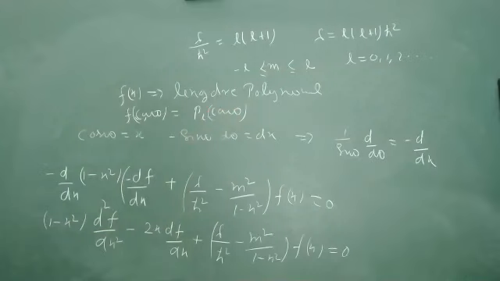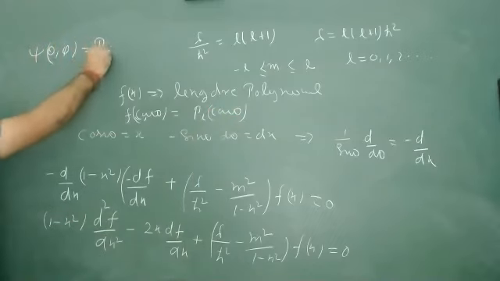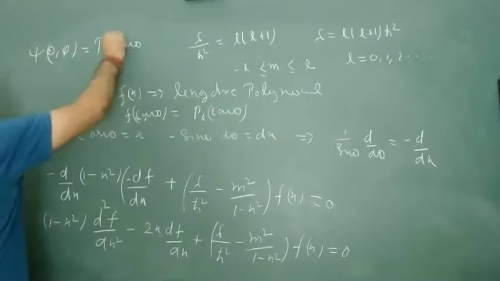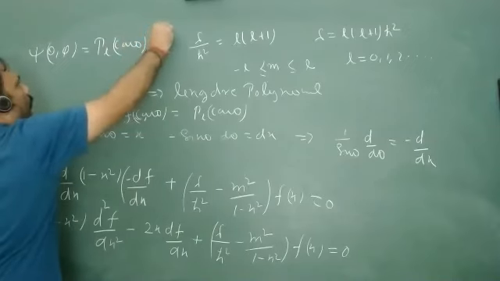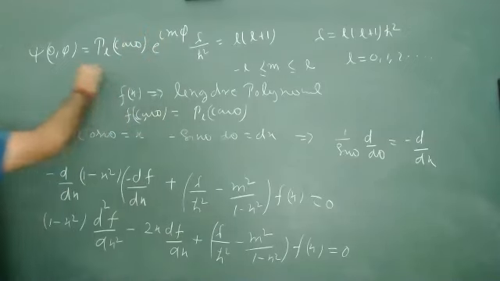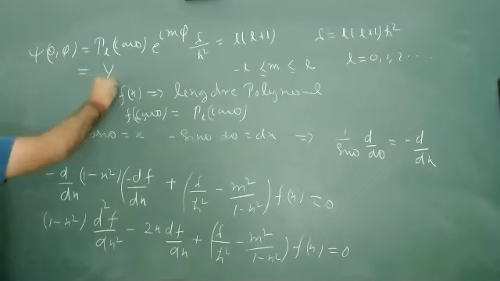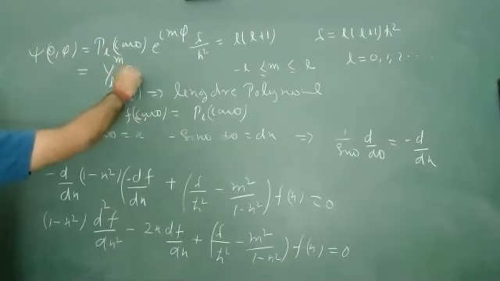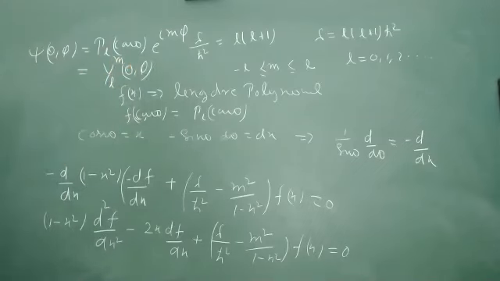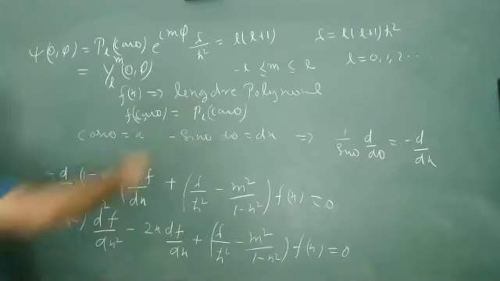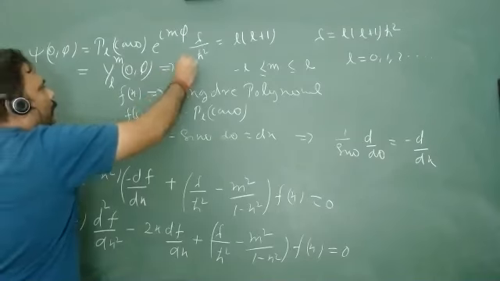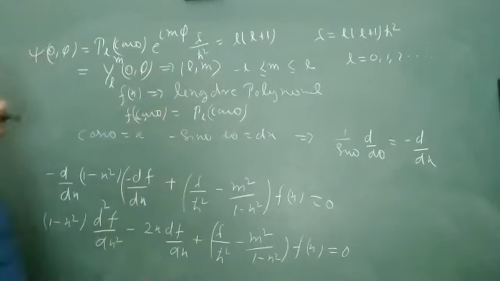And here the actual wave function is psi(theta, phi), and this will be nothing but P_L(cos theta) e to the power i m phi, and this is known as spherical harmonics. This is known as spherical harmonics, and this thing is identified by L and M.